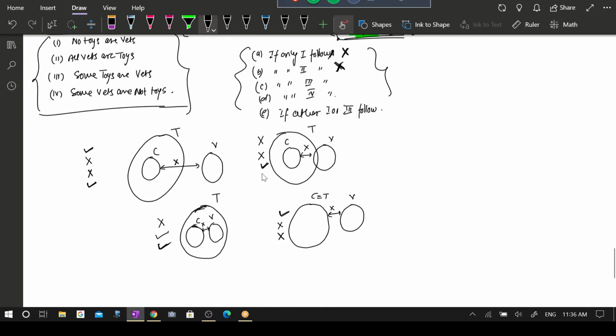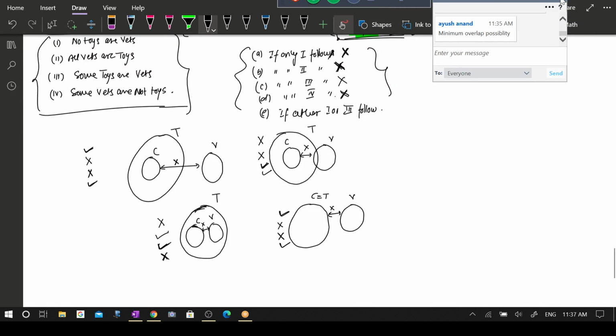But over here some vets are not toys, it is working over here, but it is not working here, and it is working over here. So you realize that individually none of them is possible. Clear? Individually none of them is possible.